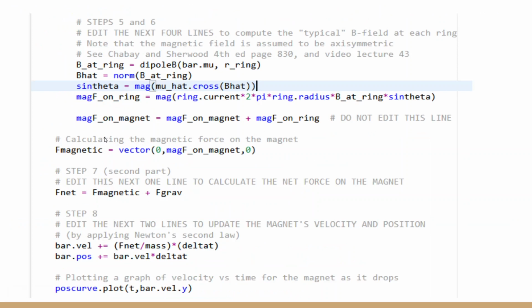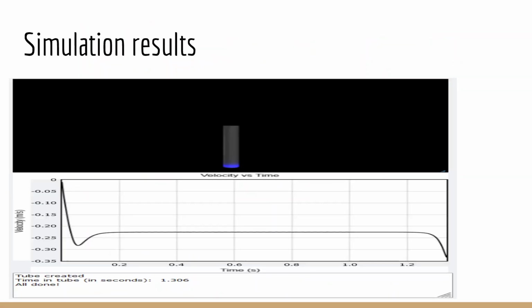And then using all of this, we find the net force, the net magnetic force. And so we can find the change in velocity and thus the change in position. And this all creates a graph. So these are the results of our simulation. It took 1.306 seconds to go through the tube.